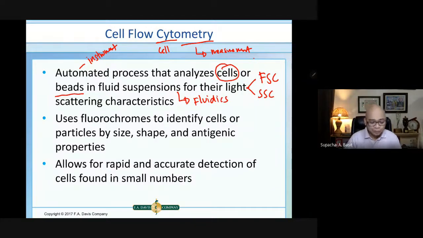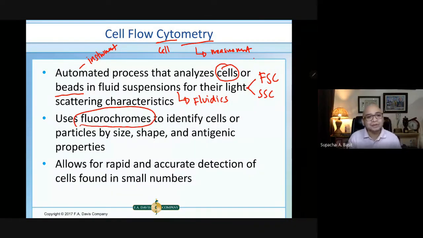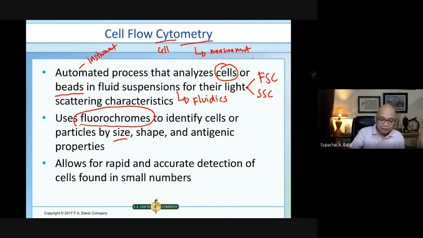Flow cytometry utilizes fluorochromes. When you say fluorochromes, these are fluorescent-based compounds. These fluorochromes can identify cells or particles by means of size, shape, and even antigenic properties.